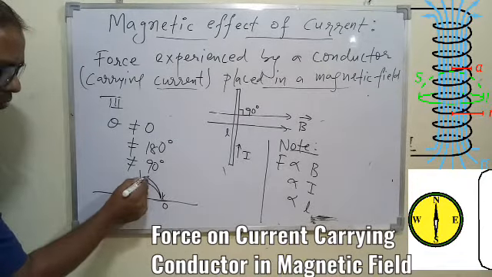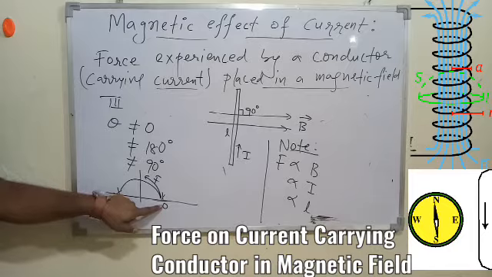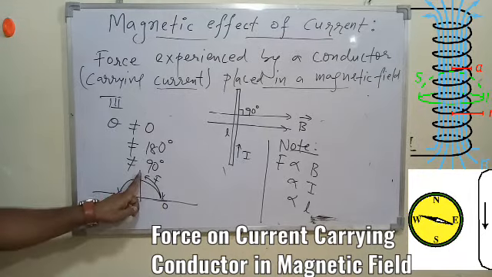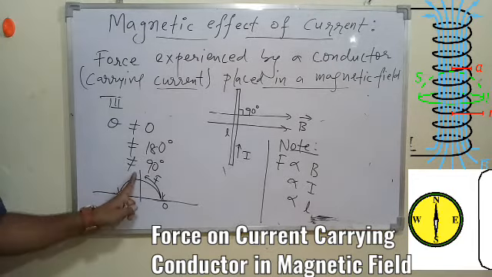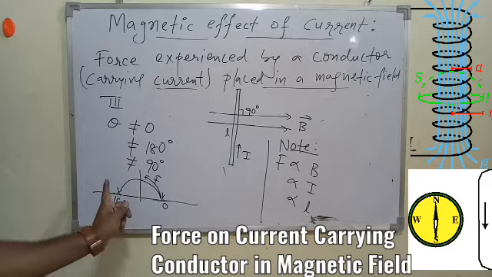In between what will happen, the force will increase. So starting from no force, 0, the force will start increasing. Once the conductor has an increase in the angle, once it becomes 90 degree, force will become maximum, and once it starts moving backward, what will happen?